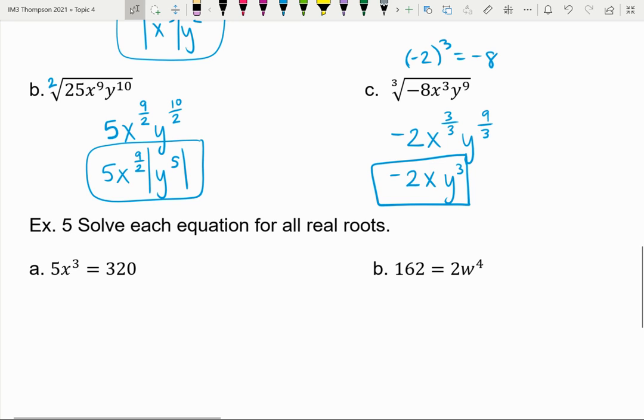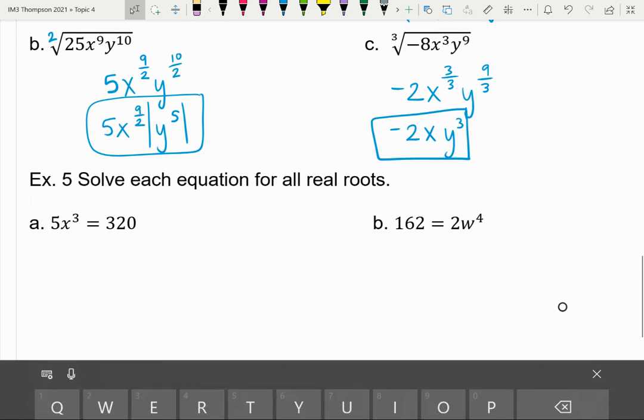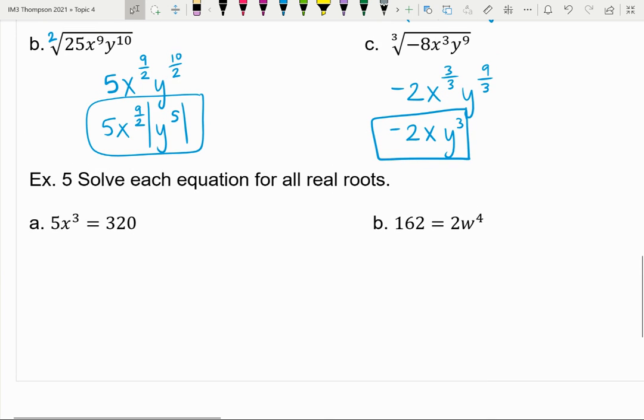Solve each equation for all real roots. 2 more problems. So we know that we practice a lot of skills, and the whole point is to get to the solving every time. That's what really matters. So here's 2 very basic solving problems with some different exponents. Now the instruction says for all real roots.